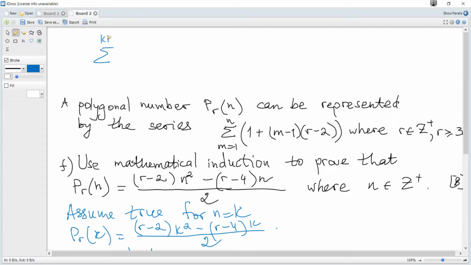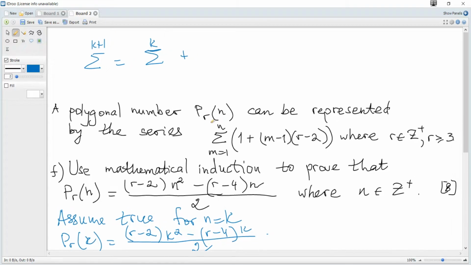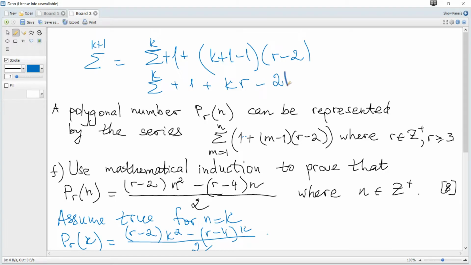If we consider sum up to k plus 1, it becomes sum up to k plus the term corresponding to k plus 1, and we should substitute k plus 1 for m, so it becomes plus 1 plus (k plus 1 minus 1)(r minus 2), and we can see that it becomes sum up to k plus 1 plus kr minus 2k.